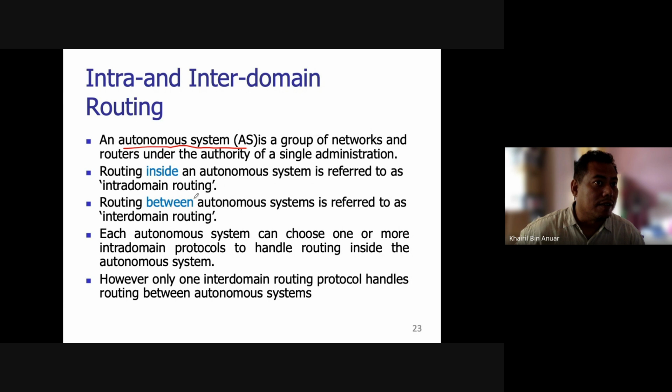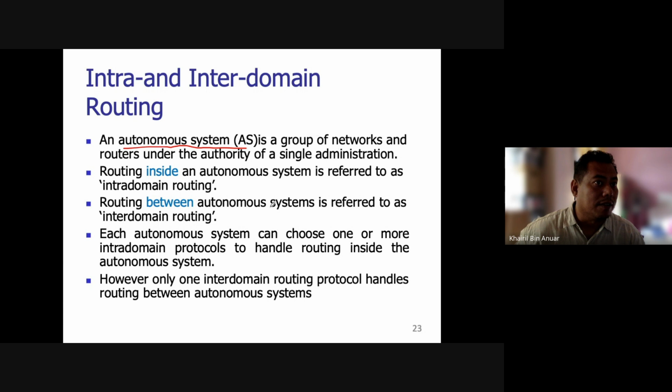If our network, say for MMU, is one autonomous system, and you want to exchange information with another university close to us that is connected physically, you can have routers that talk to each other.